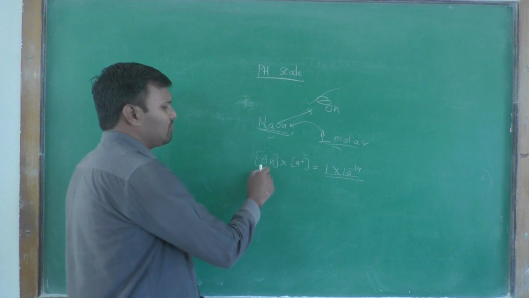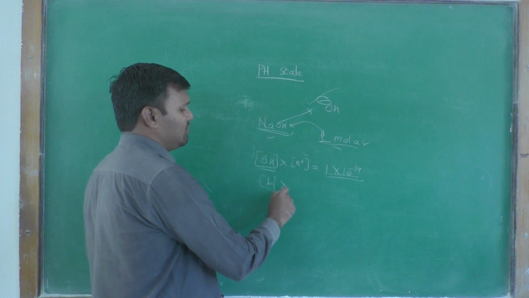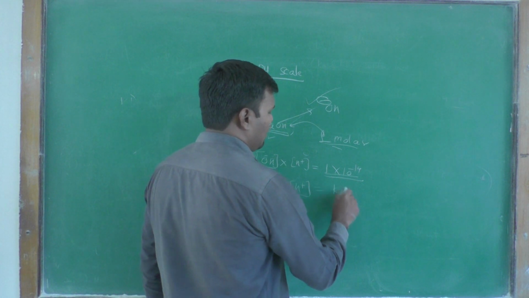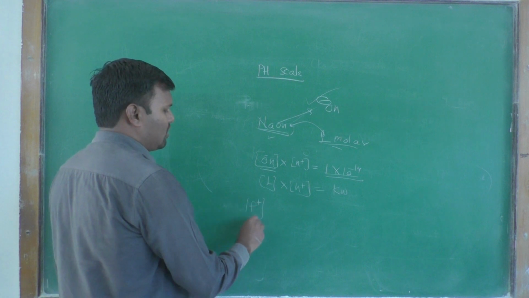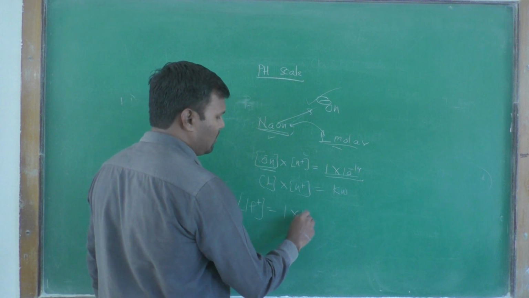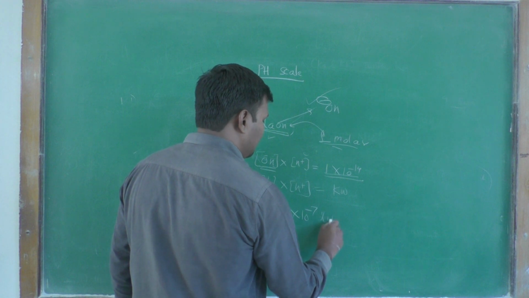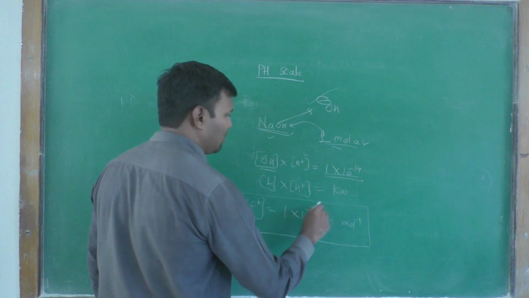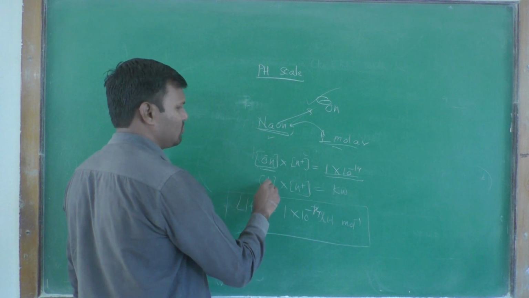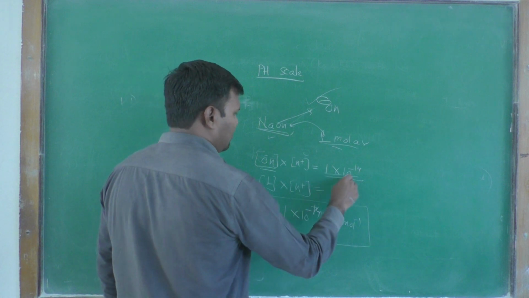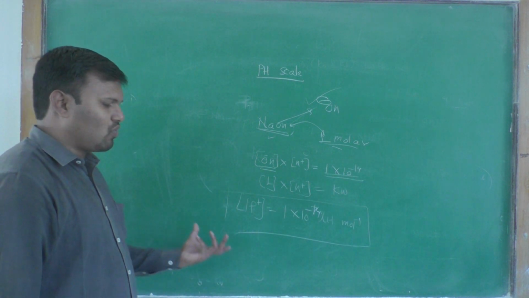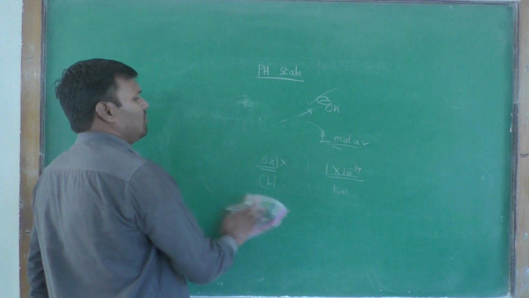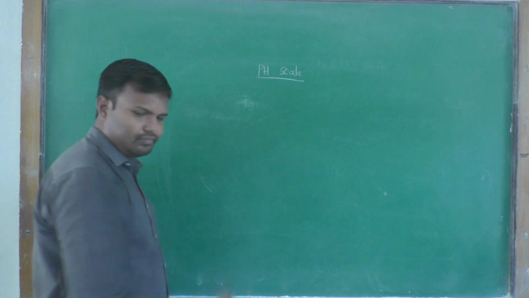Therefore OH minus is 1 molar, and what is the concentration of H plus ions? Using the ionic product, the concentration of H plus ions for NaOH is 1 into 10 raised to minus 14 mole per liter.